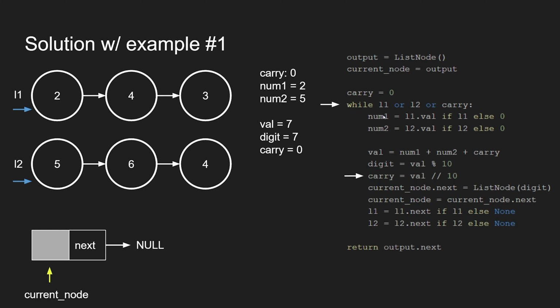So what do we do? We take the number 1, which is L1.val, and this is accounting for the base case of different lengths. So if L1, if you actually have a number, otherwise it's 0. So pretend this 2 isn't here, and pretend this 4 isn't here, and this just points to null.